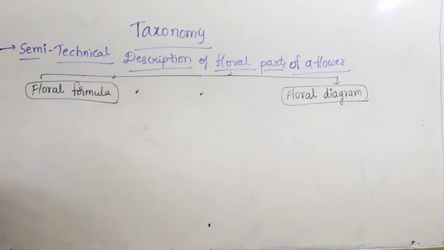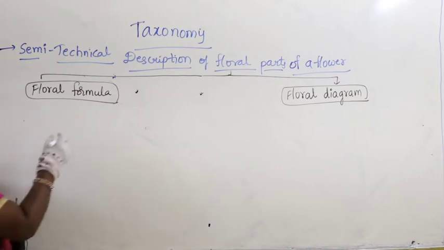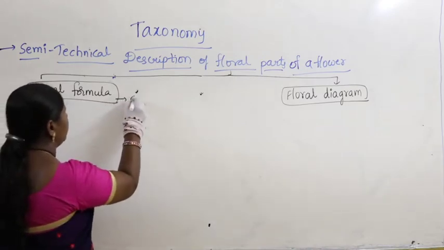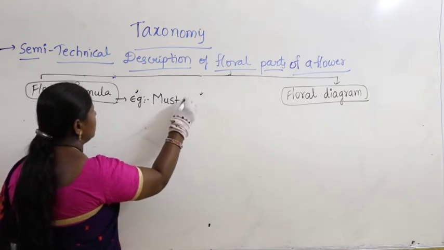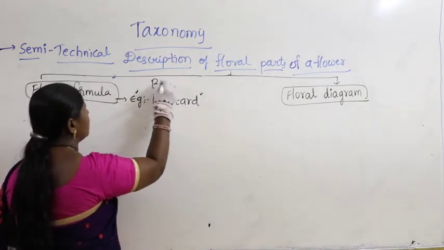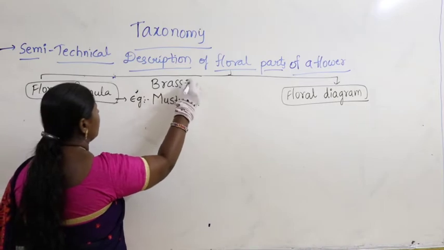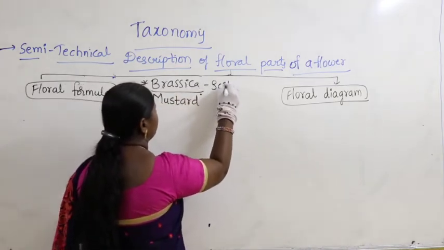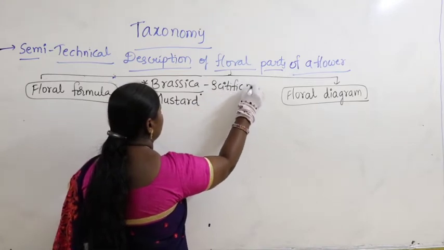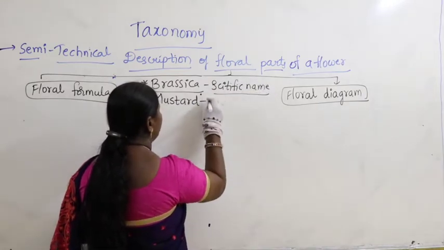Now if you look at floral formula, the best example, let us study now, is mustard. Mustard, its scientific name is Brassica. So Brassica is the scientific name, and the common name is mustard.